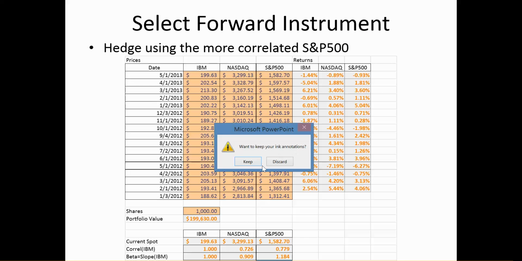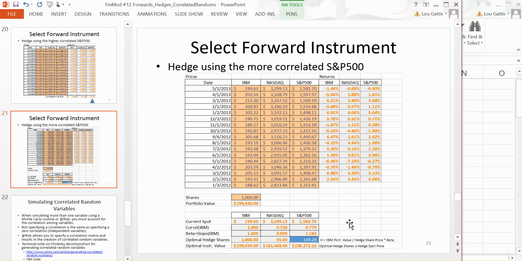I do the following calculations. I compute the beta between the returns of IBM and the returns of the S&P 500. That beta is 1.184. And then I calculate my optimal hedge ratio or hedge quantity.